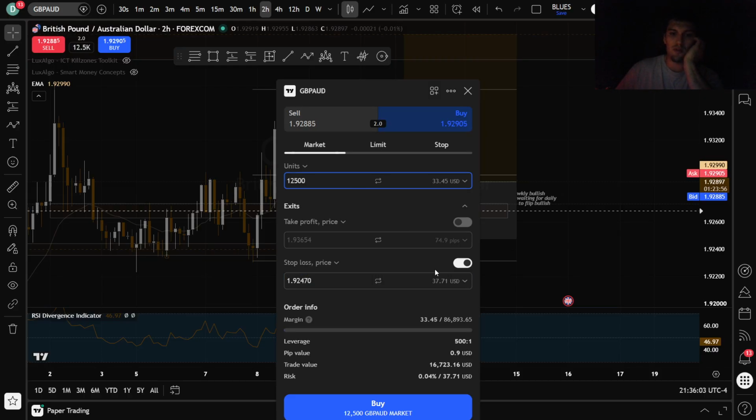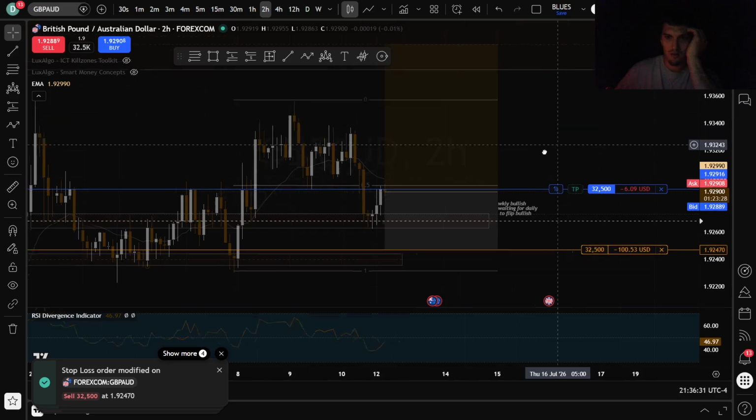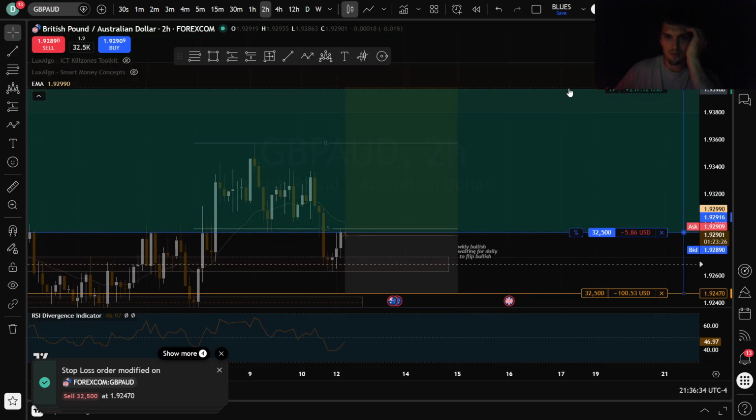We're going to adjust the units so that this number will be $100, meaning that we are risking $100. So let's go around 32,000 units. Perfect. So we're going to be risking $100. Perfect. And our take profit is going to be here.